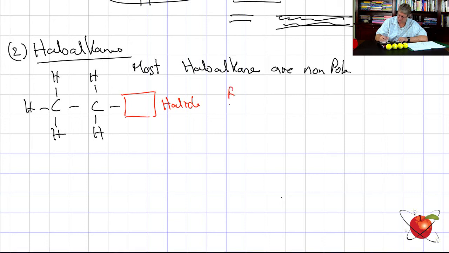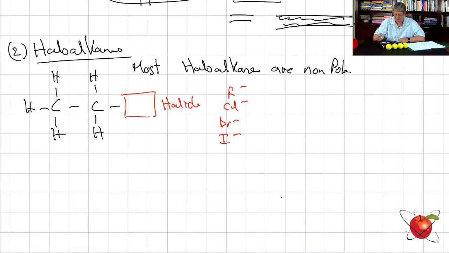So I can put fluorine, chlorine, let's take them down, bromine and iodine. Okay, they are ions that go on, are they not? Remember, they're ions that go on, halogenation, hydrohalogenation, or come off, dehalogenation, dehydrohalogenation. So we've got a halide on there. Now what we're saying is most of them are nonpolar.